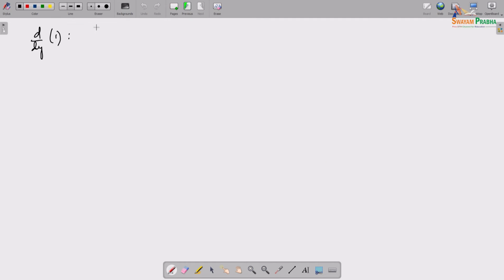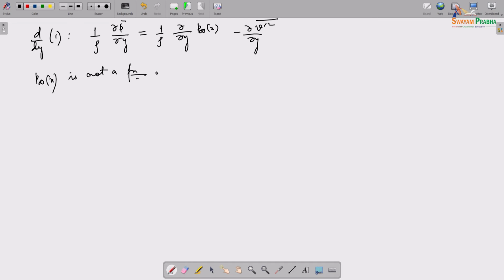So definitely the free stream pressure is not a function of y, only of x.